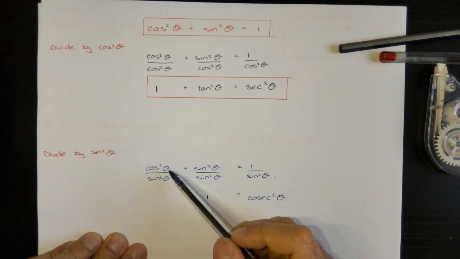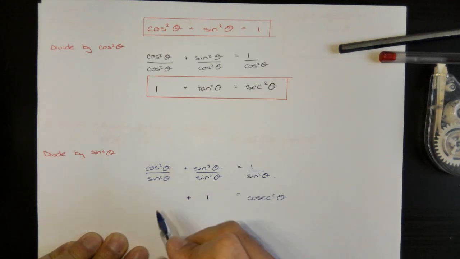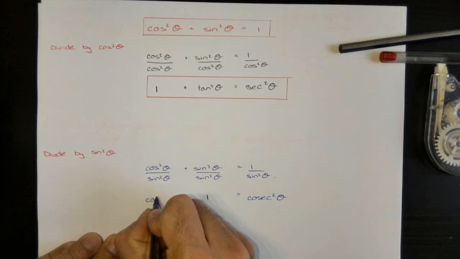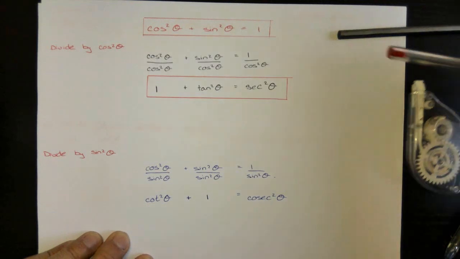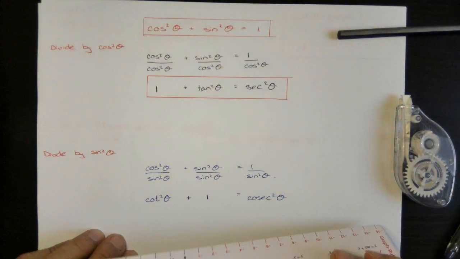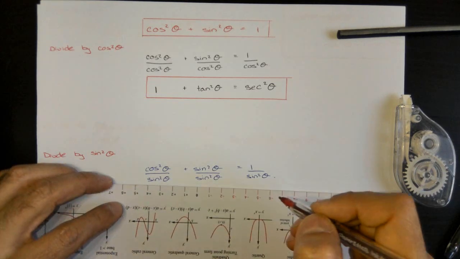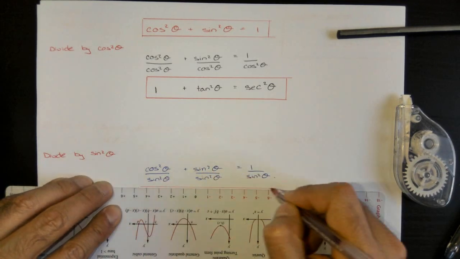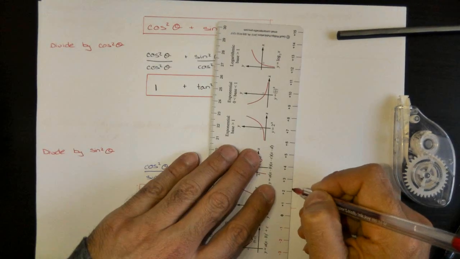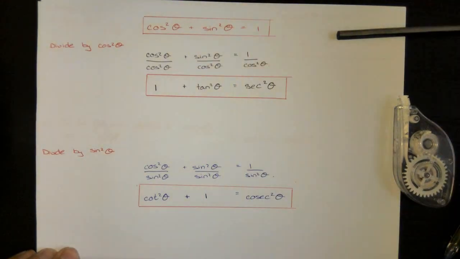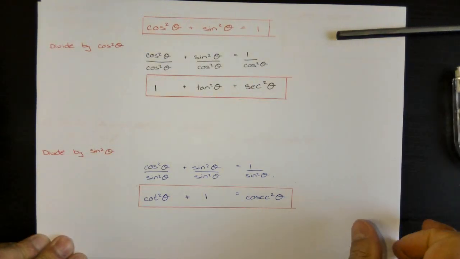Now this is cos over sine, which is a reciprocal of tan, so it becomes cot. And then that's the third identity. So we've got cot squared theta plus 1 is equal to cosec squared theta. That's our three Pythagorean identities.